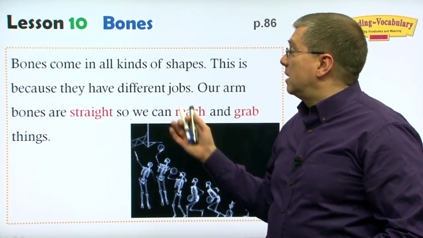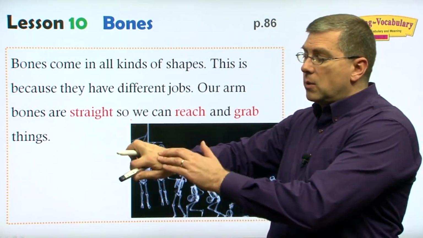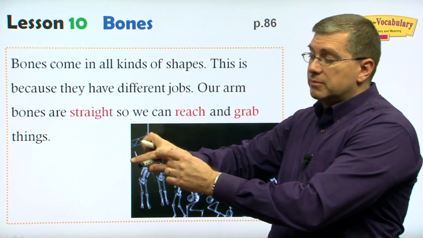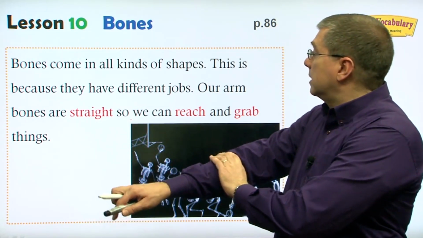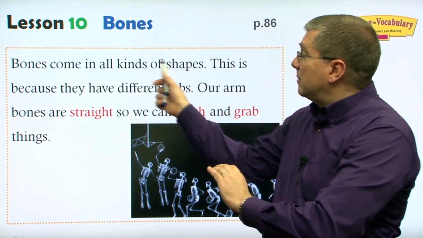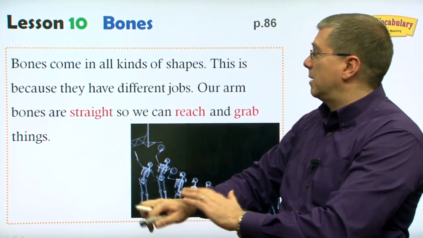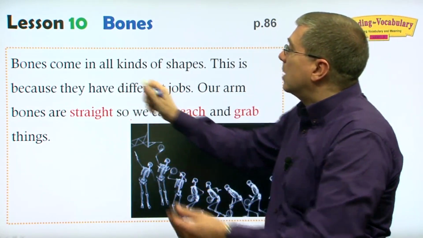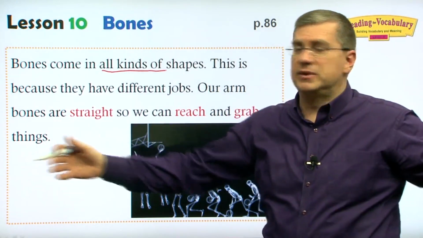Okay, well, bones come in all kinds of shapes. And we can feel that, right? Before we felt the bones in our hand, they're small. They're not that big. But if you feel the bones in your arm, right? They are different shapes, kinds of shapes. They're long and they have different shapes to them. So bones come in all kinds of shapes, many different shapes.